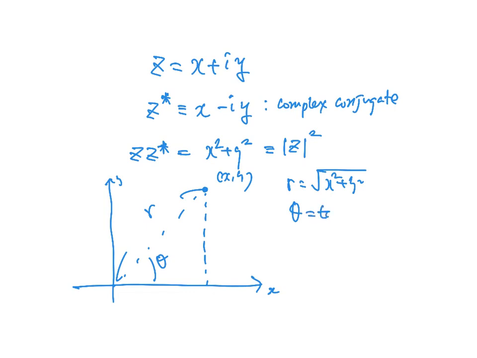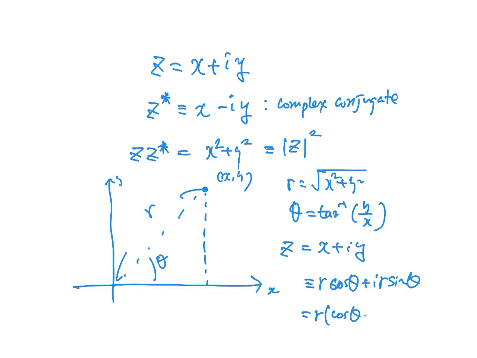Theta is tangent inverse of y over x. Then this z, x plus iy, can be represented as r cosine theta plus i r sine theta, r times cosine theta plus i sine theta. This is called the polar representation.